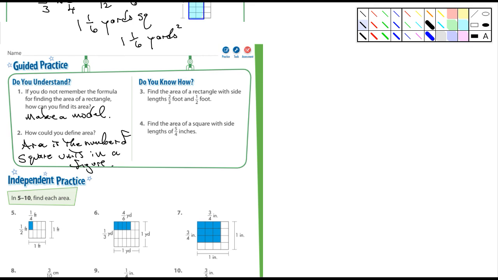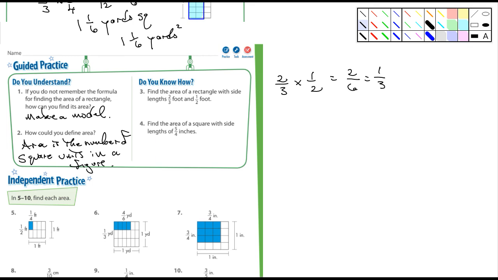Number 3 says find the area of a rectangle with side lengths of 2/3 of a foot and 1/2 of a foot. What are we talking about here? 2/3 times 1/2. 2 times 1 is 2. 3 times 2 is 6. That can be reduced. 2 goes into 2 once. 2 goes into 6 3 times.